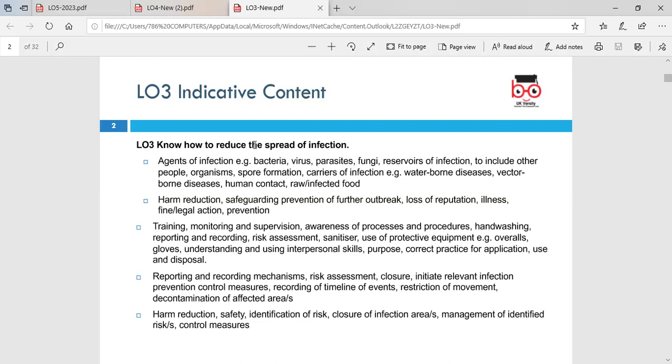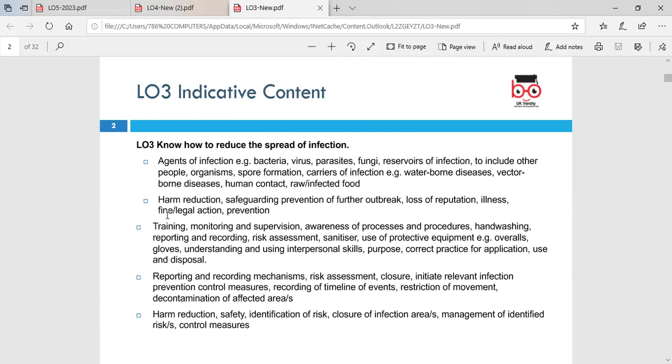It's a pool of infection, so if it is eliminated, you will have an elimination of the infection from that area. And then we are going to talk about people, organisms, spore formation, carriers of infection.